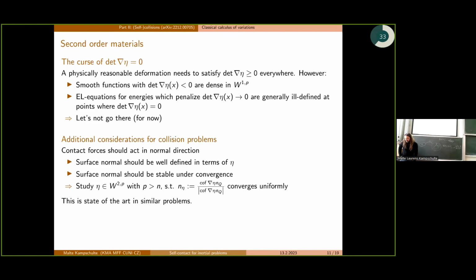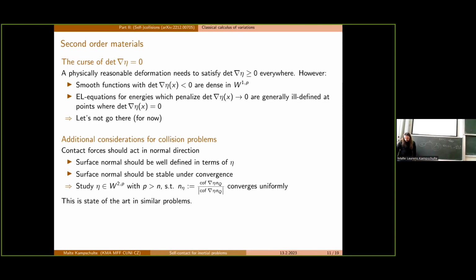Okay. And then this alone is a reason to take higher order materials. But the more important reason is that if you think about contact, and physically you get a contact force, and if you ignore friction, then this contact force should act perfectly in the normal direction, which is reasonable.